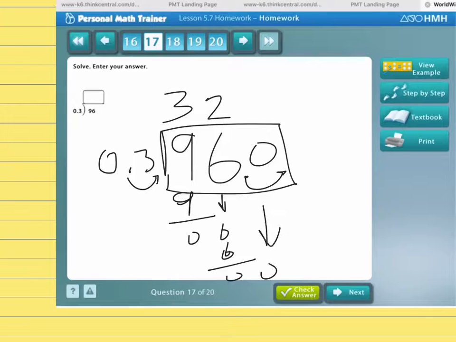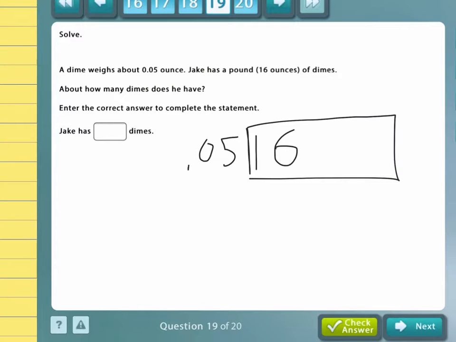Bring down the 0. 3 goes into 0 times. You have 320. So 96 divided by 3/10 is 320, just as 960 divided by 3 is equal to 320.